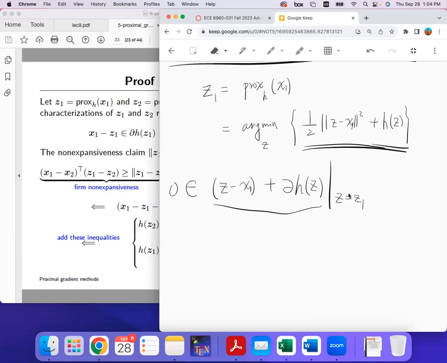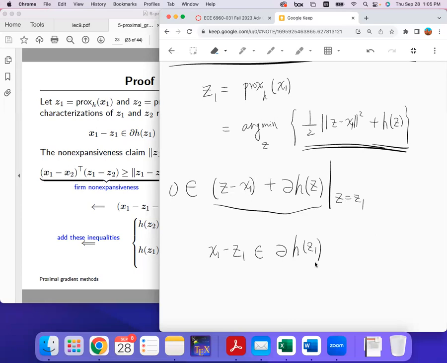Okay. And then you move this part to the left hand side, you get x1 minus z1. This vector x1 minus z1 belongs to the subdifferential of h at the minimizer z1.